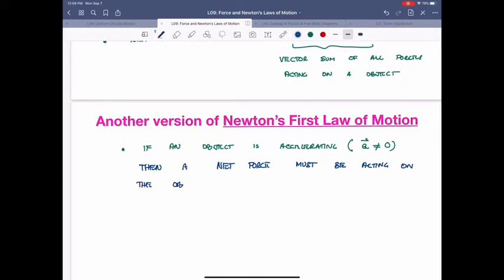In other words, again, the net force is the vector sum of all the forces acting on the object.